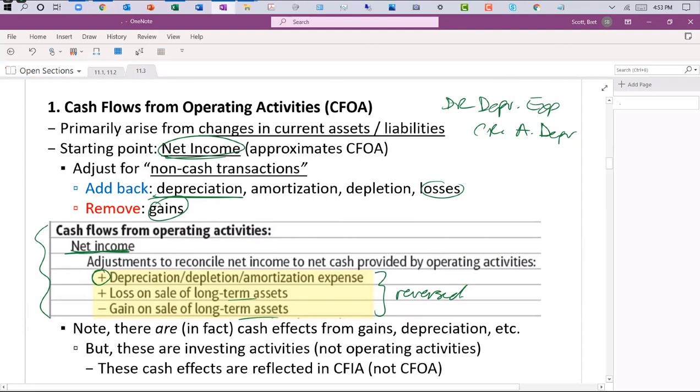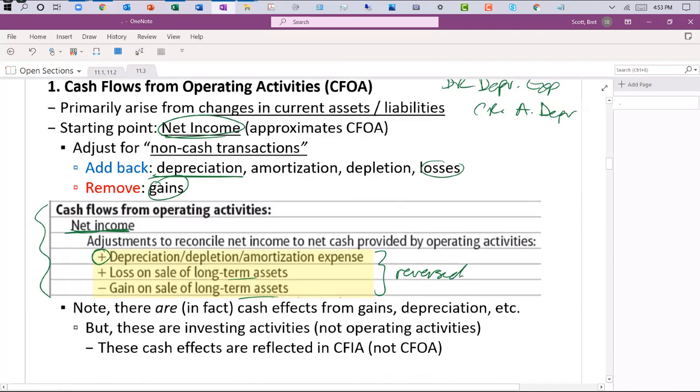Two, they're not operating activities. And three, any cash flow effects related to these things are shown in the investing activities section when we talk about purchase of long-term assets or the proceeds from the sale of long-term assets. Bottom line is the income statement has investing activities stuff that we just want to remove from net income. So we're just going to reverse it out.